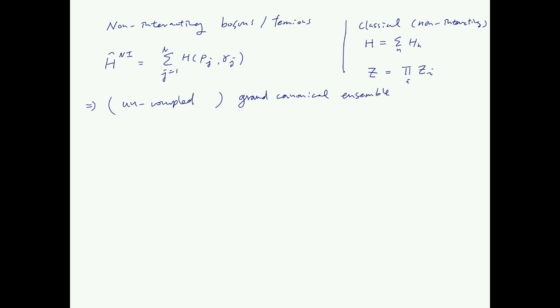If I have a certain eigenstate, the uncoupling is between my different eigenstates. So for non-interacting fermions or bosons, the grand canonical partition function can be written as a product of individual grand canonical partition functions. And this k is the eigenstate index.